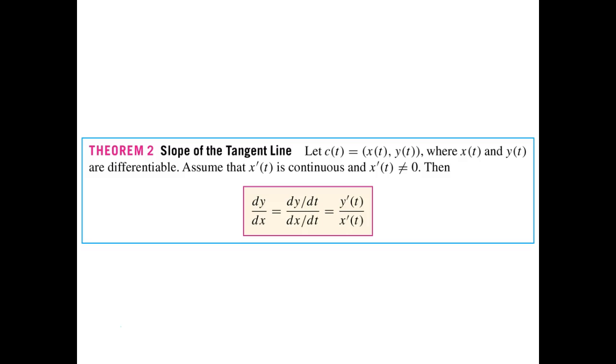Then dy dx, the slope of the overall function when you plot the parametric curve, would be dy dt over dx dt. This is why it says x prime is never equal to 0. As long as this is not 0, this result comes, y prime over x prime.